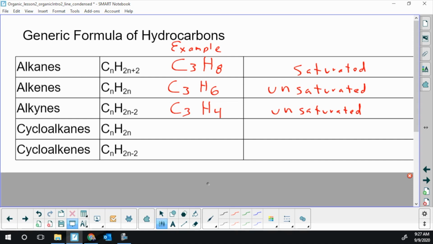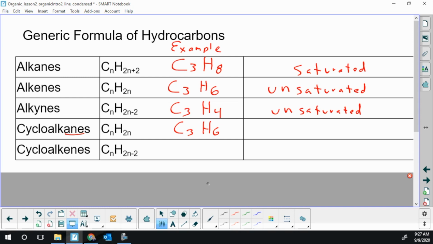Now, the cyclo, it's still an ane, but it has a different generic formula. When you take an ane and you connect it into a ring, you have to lose an H at each end in order to make that connection. So a cycloalkane, CnH, it's just 2n. The plus 2 is gone. So if I had the smallest ring I could, a C3, there would only be 6 H's.